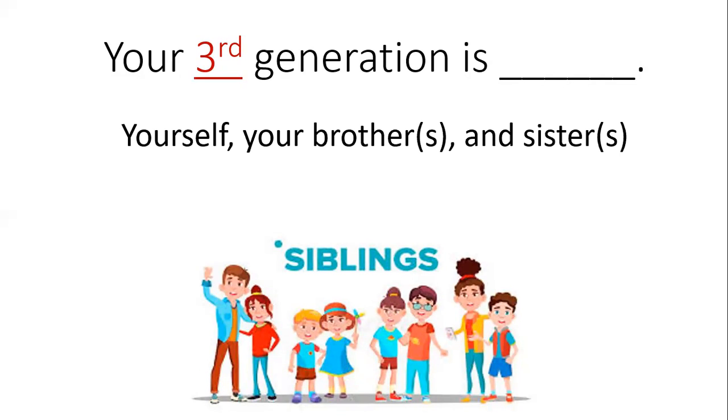Now, another word for brothers and sisters is siblings. Siblings begins with the letter S, and it also ends with the letter S. There are 1, 2, 3, 4, 5, 6, 7, 8 letters in the word siblings.